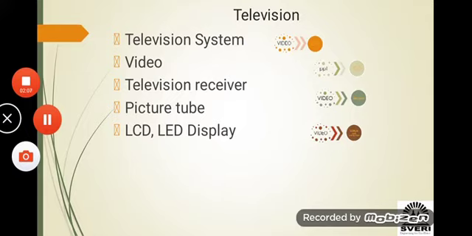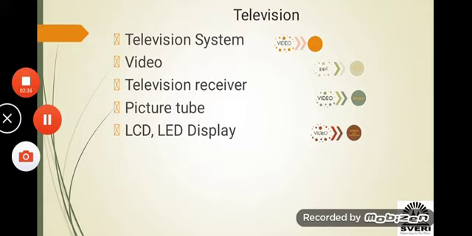Now let us go ahead with what exactly the television system is. As the name suggests, television means we can visualize the things which are at a remote location. Like, how do we see? We see because whenever light falls on the object, it is reflected back and strikes our human eye, and then with eye-brain coordination we get to see the things.